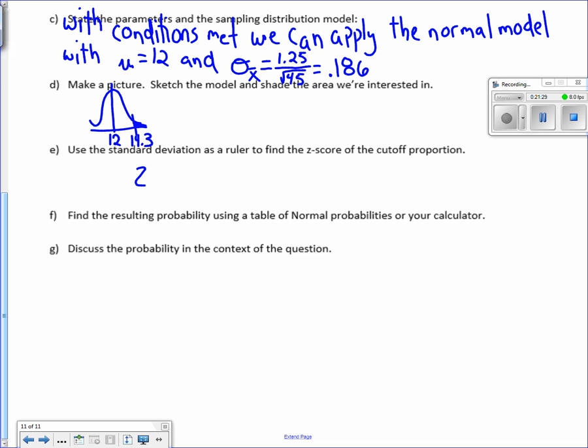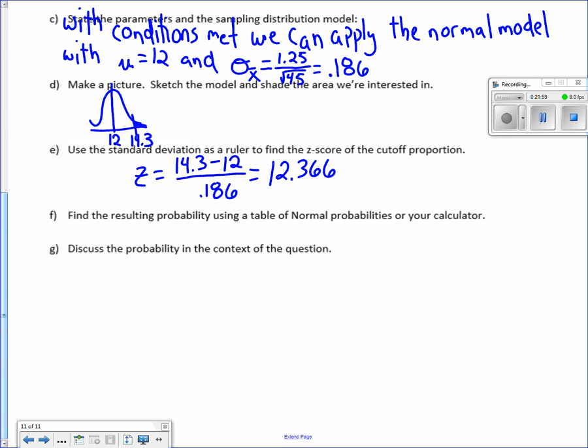So z is going to equal 14.3, our x, what we're worried about, our sample mean, minus 12 over 0.186. Since I showed the work above, I don't need to show it again. And I end up with a z-score of 12.366.